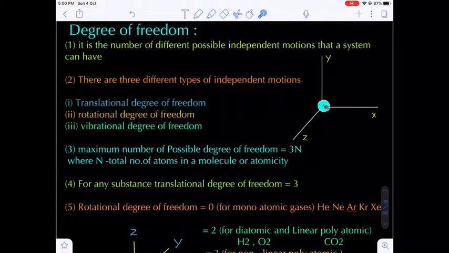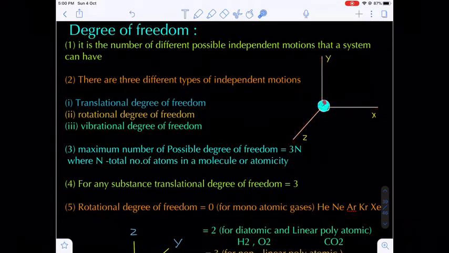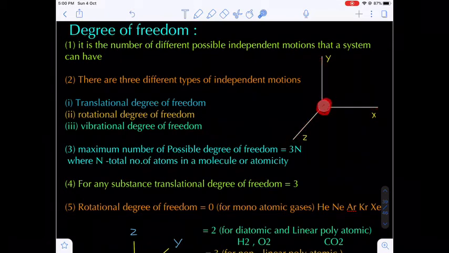Let's suppose this is the x-axis, this is the y-axis and this is the z-axis. Now let's suppose there is one atom. Let's suppose it is a monoatomic gas, let's suppose helium, neon, a noble gas. Now how many different possible motions can it have? It may move in a straight line along the x-axis.